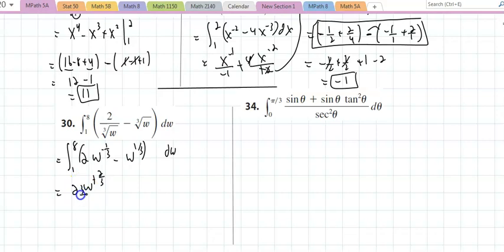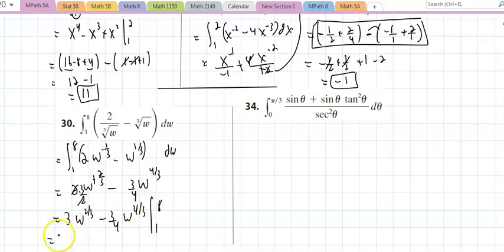Divide by that. Minus. Add 1 to the power. 1/3 plus 1 is 4/3. Divide by that. That's actually 3 times w to the 2/3 minus 3/4 w to the 4/3. That would be evaluated from 1 to 8.